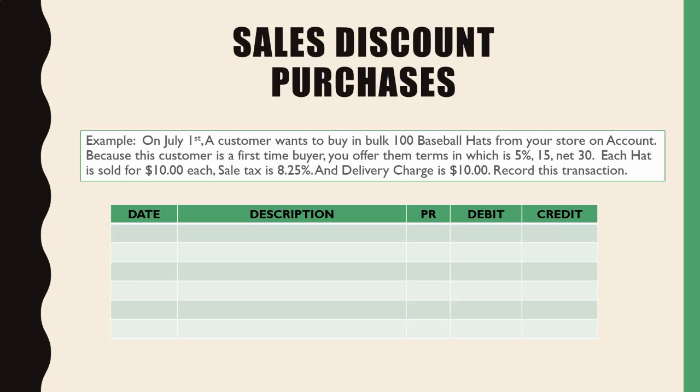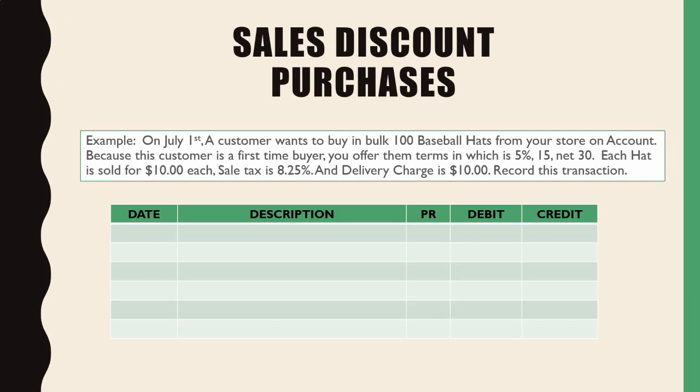Okay? So in this case, on July 1st, a customer wants to buy in bulk, 100 baseball hats from your store, on an account. Because this customer is a first-time buyer, you offer them terms of a 5% discount opportunity if they pay within 15 days.